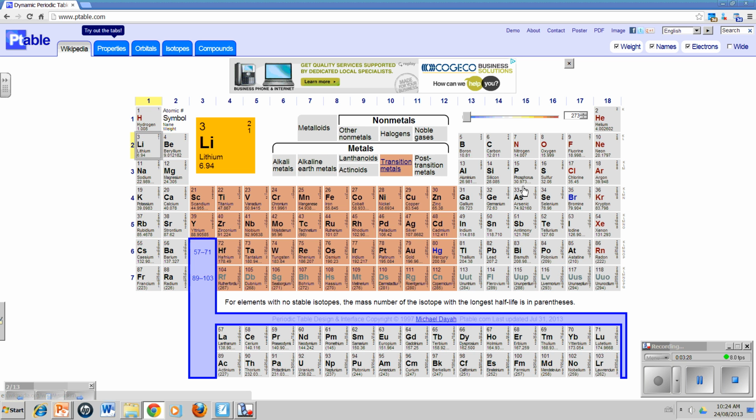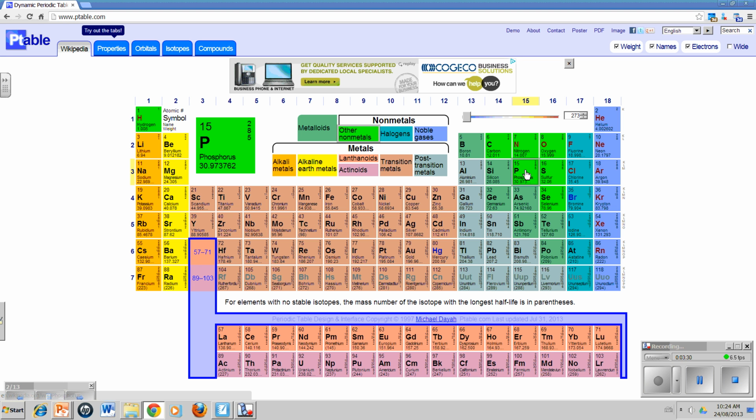So I can pick any other spot. I can pick here phosphorus. If I pick phosphorus, then I have an atomic number of 15. It locates it on the periodic table. I know there's 15 protons, and I know that I'm dealing with phosphorus. So I could ask you any of those pieces of information, like if I were to say, what element has 30 protons, right?